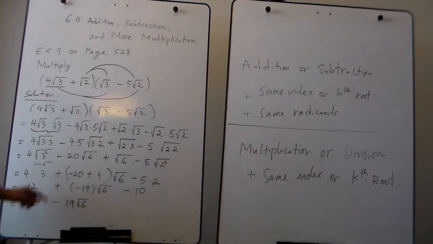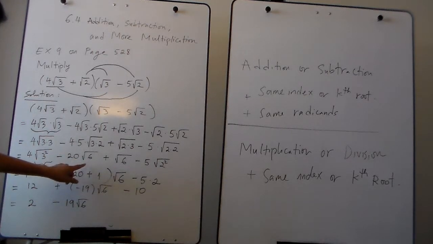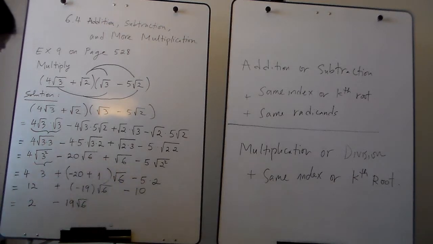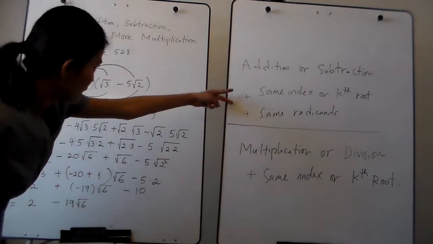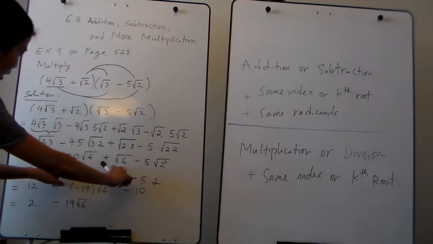And then simplify at the end when we run into the case where you're adding the two radicals. That's when you check these two conditions, and it turns out these two terms satisfy.